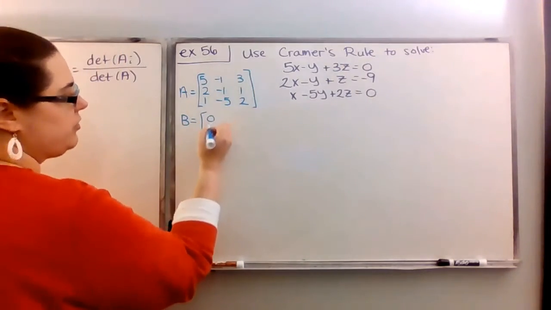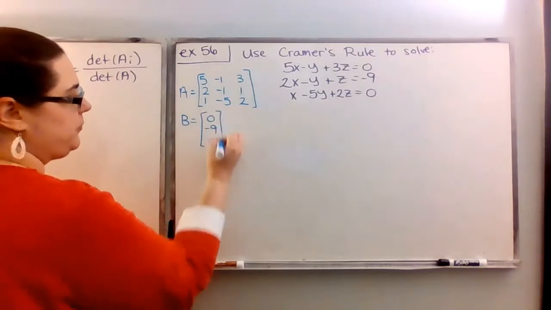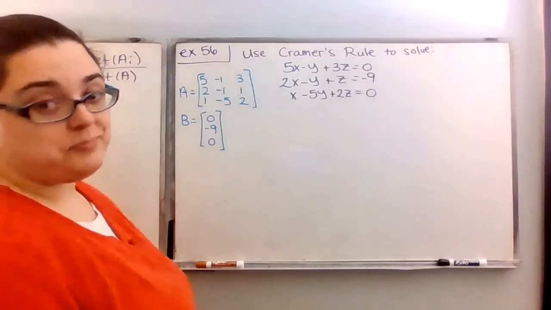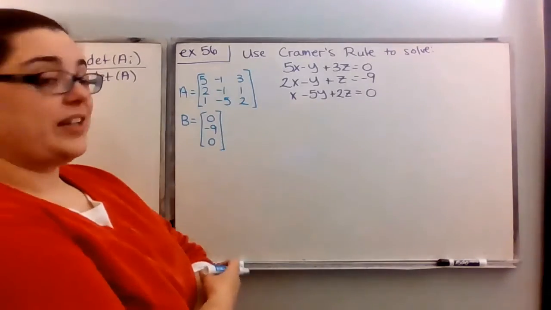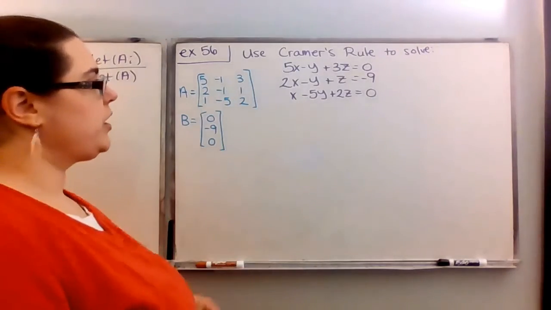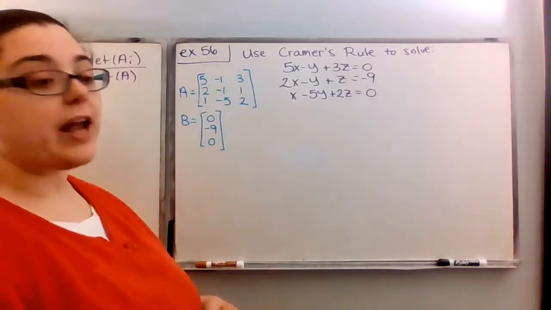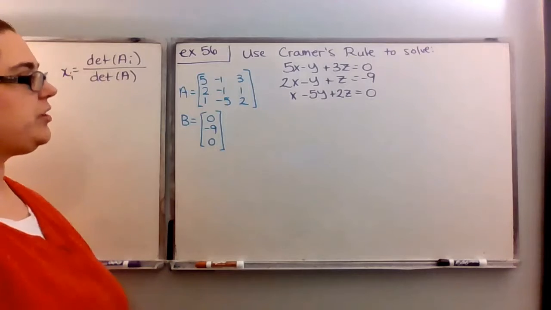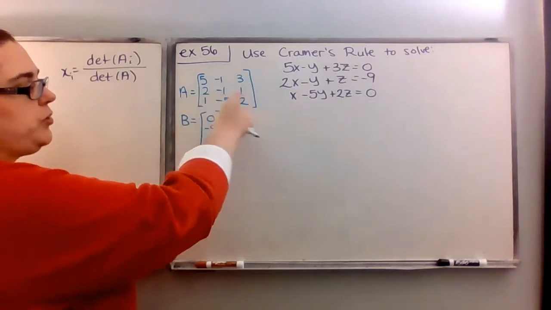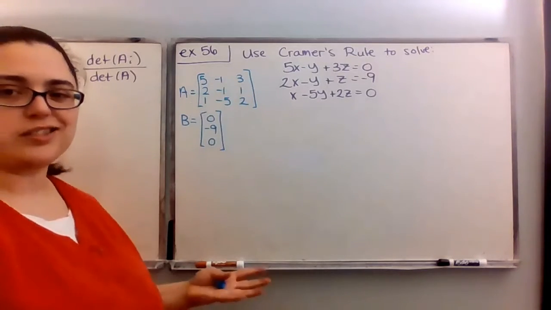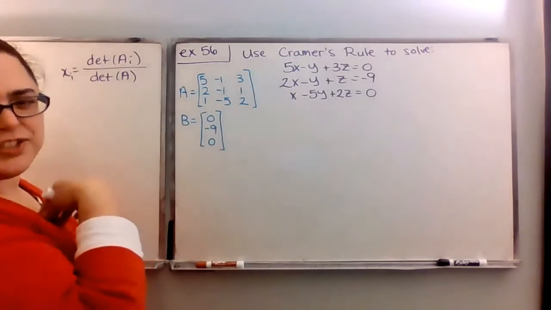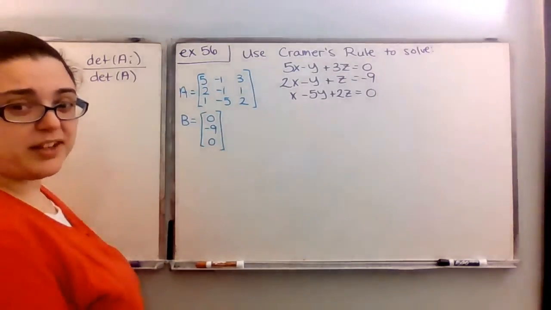So we have 0, -9, and 0. Now we have to find the determinant of A. So lots of different ways, right? We could use some row reduction, we can use the definition, however you want to find the determinant. I'm going to speed along through it. I think I'm going to use row 2 here, just because 2 and 1 look like nice numbers to be multiplying by. So you find the determinant, I find the determinant, and then we'll check and see if we get the same thing, all right?